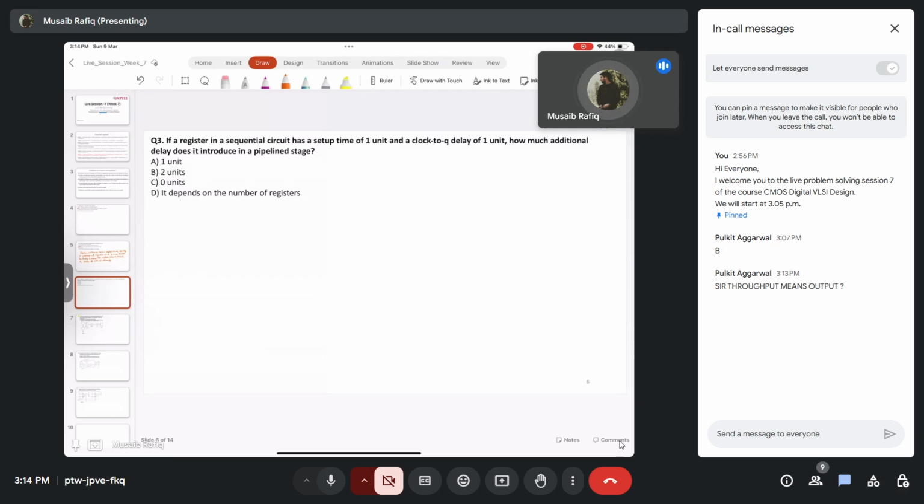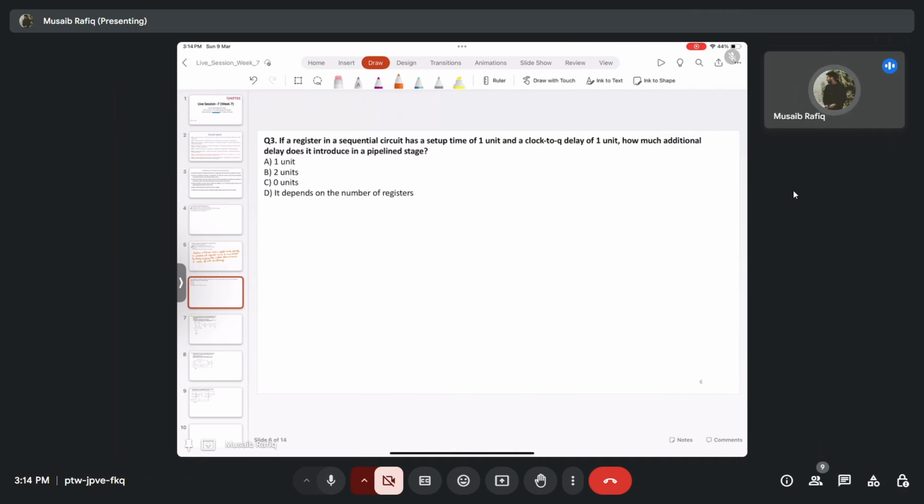So basically, how many operations you perform in a given time. Loosely, you can say output per unit time, but that's not the exact definition. The exact definition is the rate at which the output is processed. Is it clear? Okay.